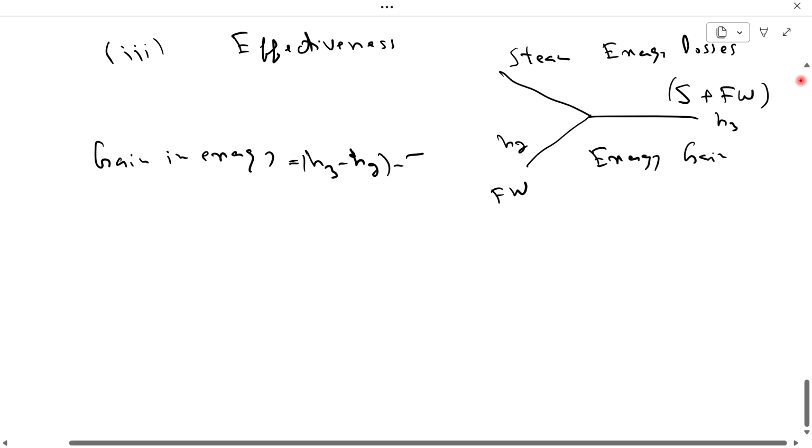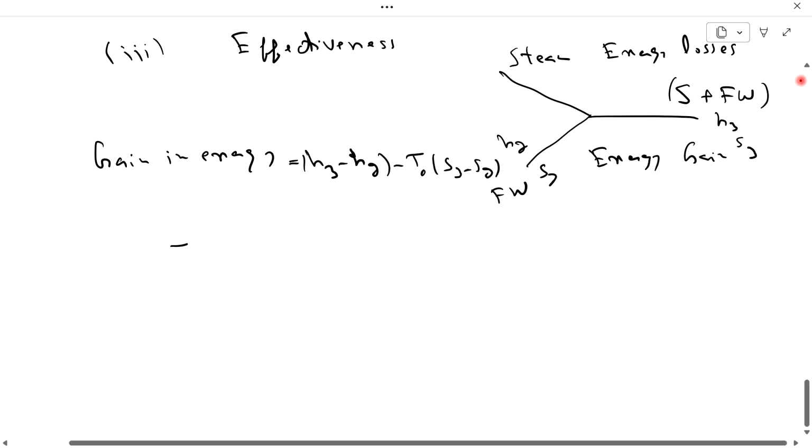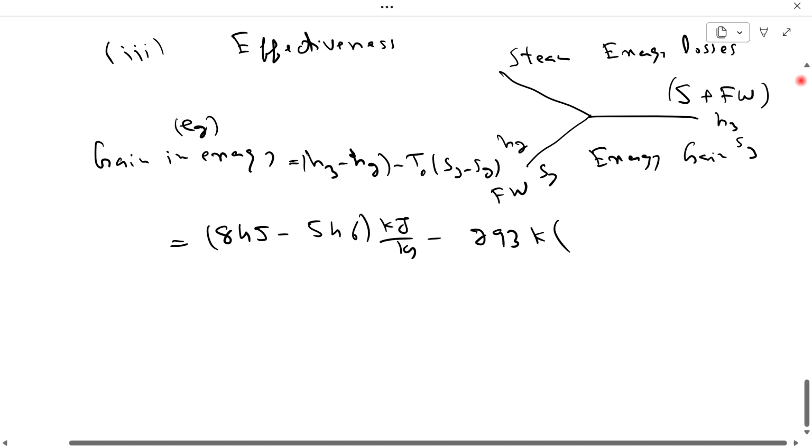Putting the values: H3 is 845 and H2 is 546 kJ/kg, minus T0, the atmospheric temperature, which is given as 293 Kelvin, into S3 minus S2.